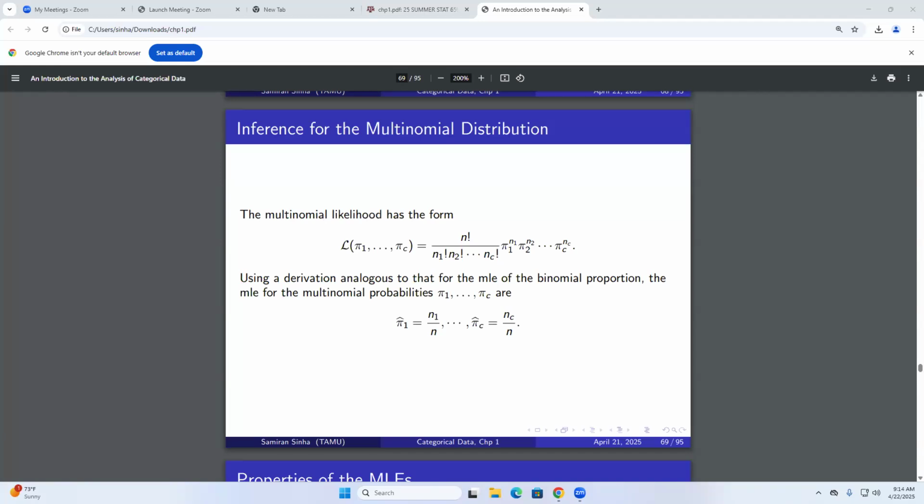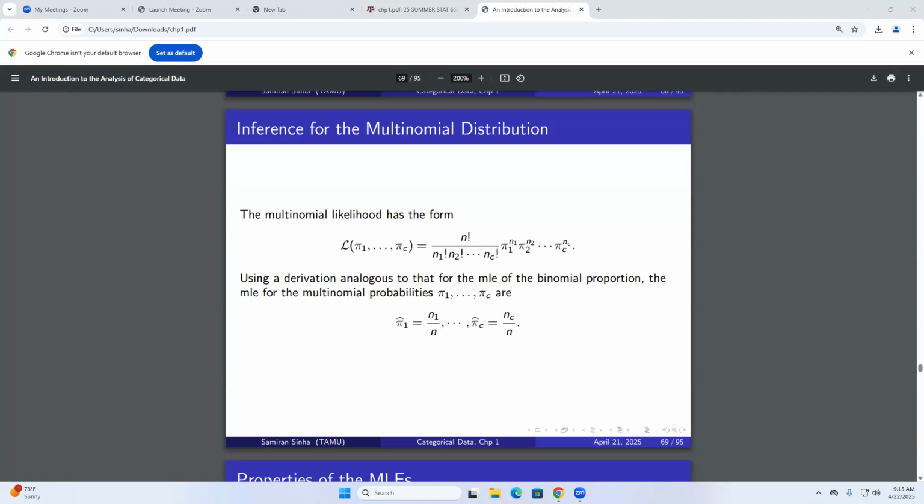This is the formula. Now the question is, in a real life scenario, when you do not know pi 1, pi 2, pi c, the probabilities for each category, how do you estimate them from the observed data? Your observed data are the counts N1, N2, N sub C. Then the corresponding probability estimates, which are actually the maximum likelihood estimates, are the relative frequencies for that particular class.